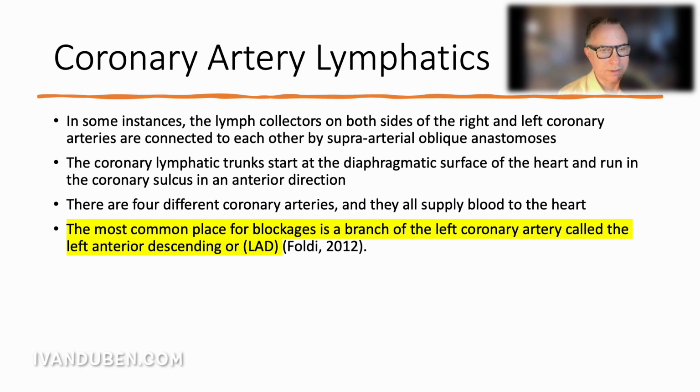The most common place for blockages is a branch of the left coronary artery called the left anterior descending, or LAD. So you could understand the importance of the lymphatics in supporting proper health of the blood flow, in particular that left coronary artery and its specific branch.